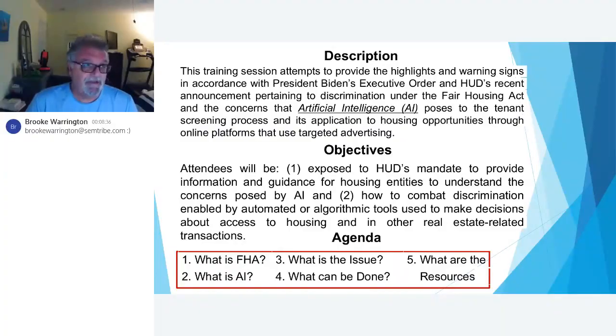The warnings that are coming out from the president's office and from HUD apply to all of us, whether we're on the public side or private side. You can see the objective right in the middle of the screen there. Attendees will be two different things here. One, exposed to HUD's mandate to provide information and guidance for housing entities to understand the concerns of AI.